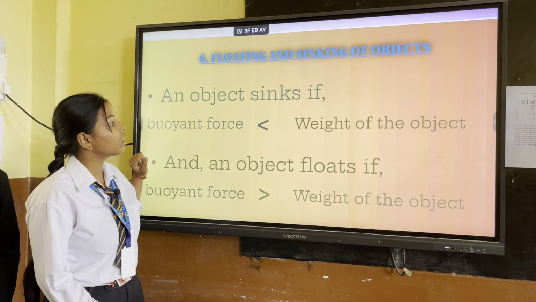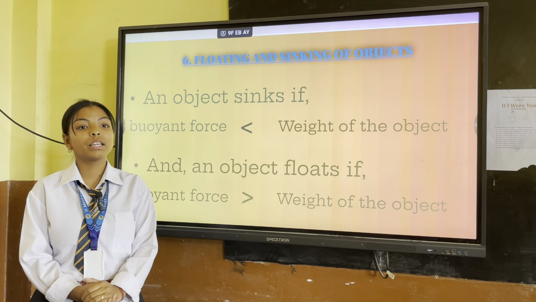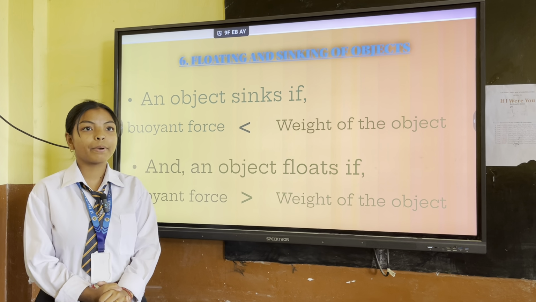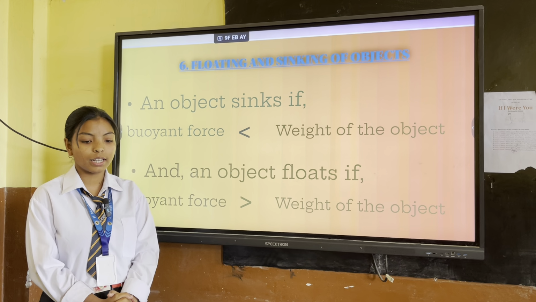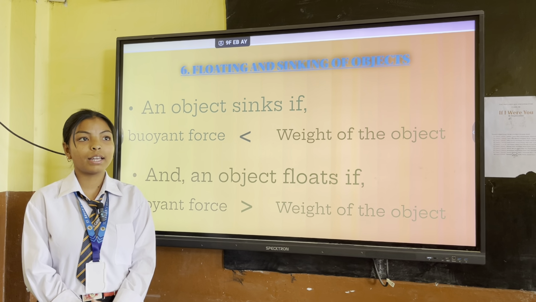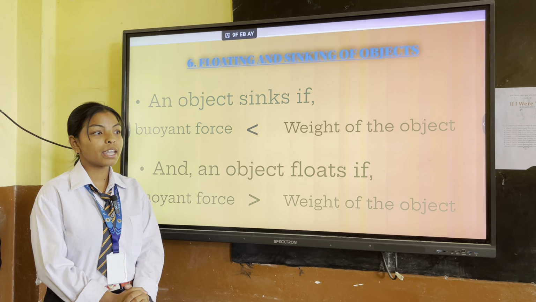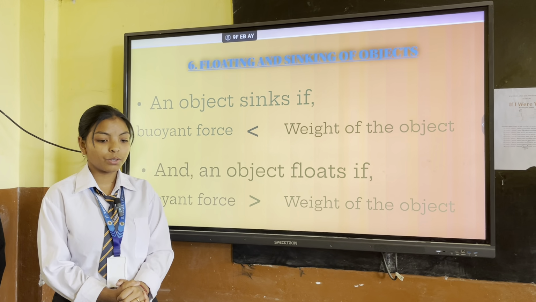Floating and sinking of objects. Floating or sinking of an object in a fluid depends on the comparison between its weight and the buoyant force acting on it. An object floats in a fluid when its density is equal to the density of the fluid.